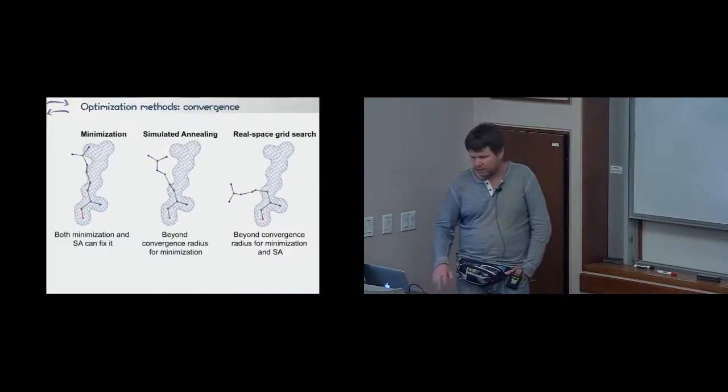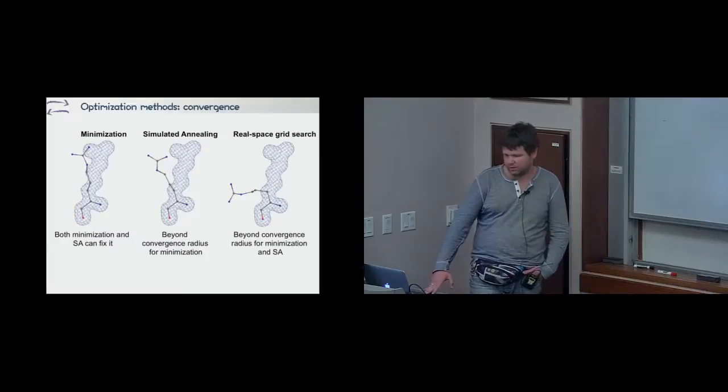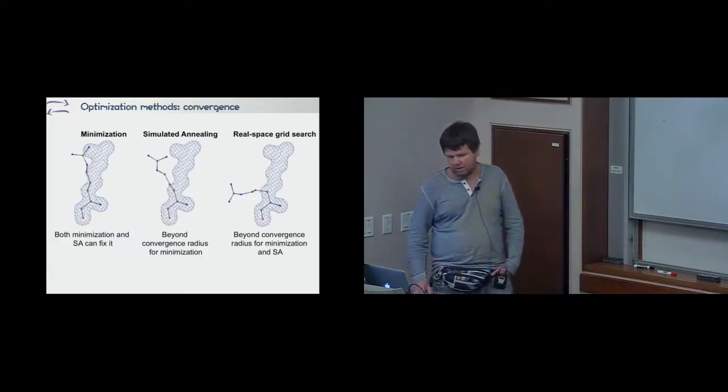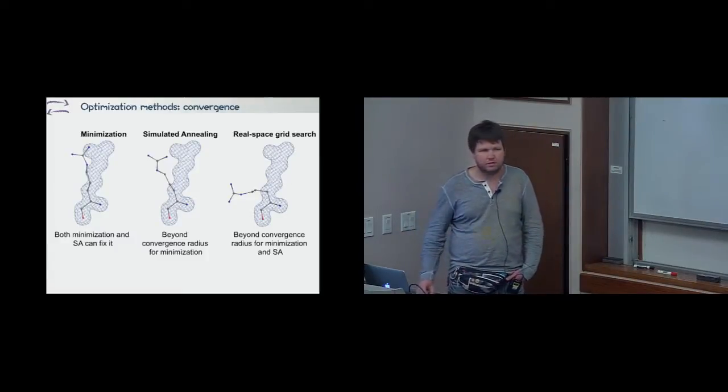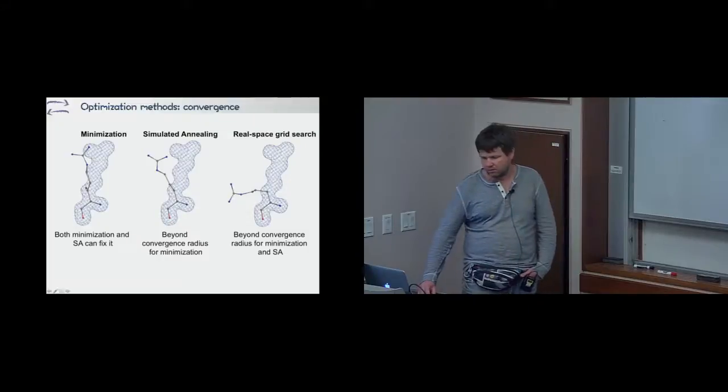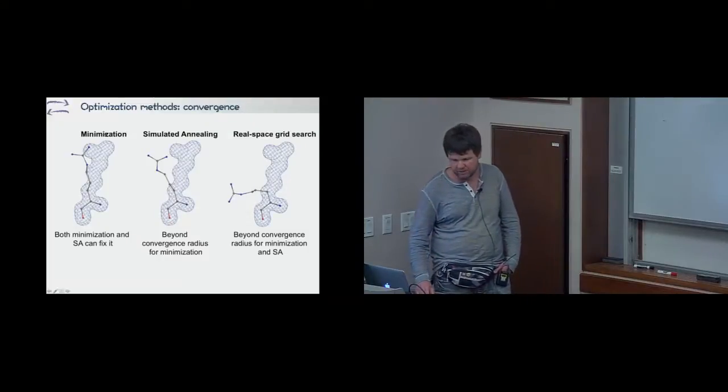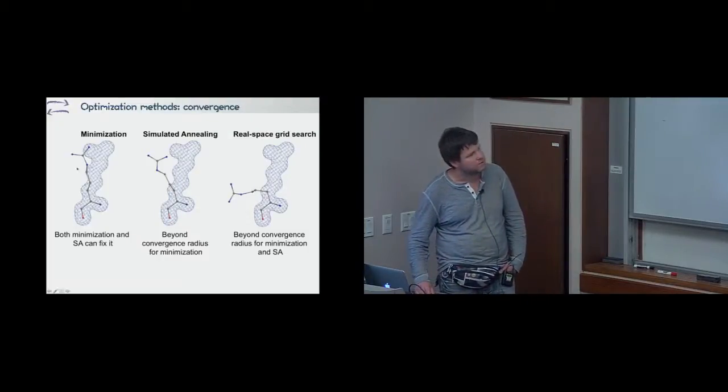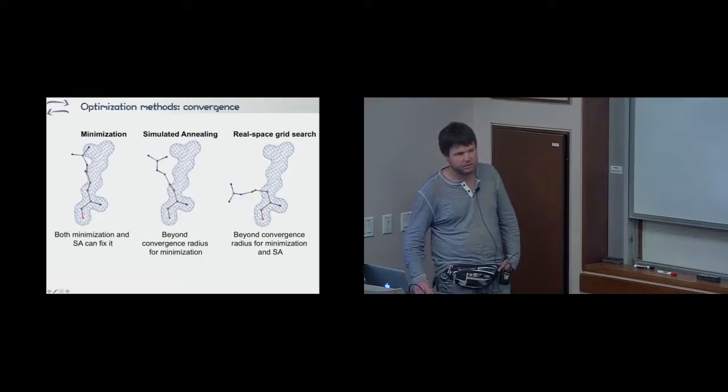Yes, I touched on this already, but this illustrates and compares different optimization methods, their convergence strategies and performance. For example, if you have a situation like this, where a side chain sticks out of density a little bit, minimization is likely to bring the side chain into density with no problems.